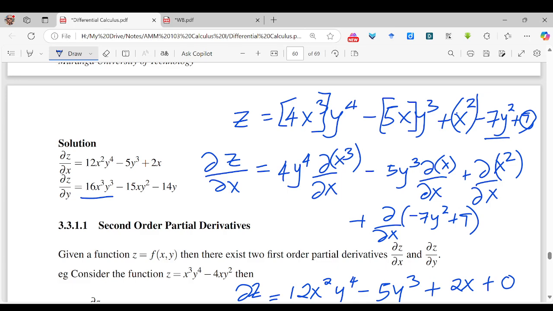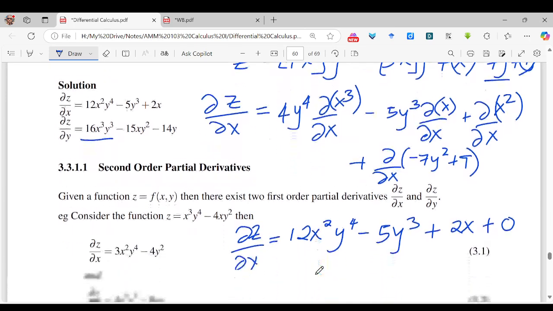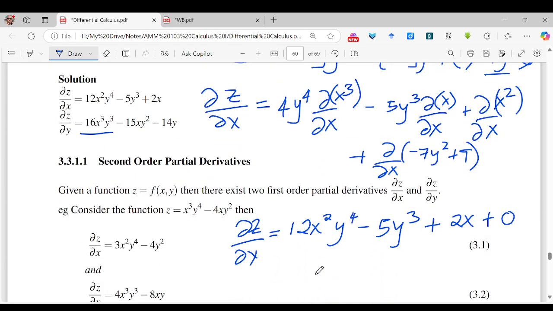When we want to differentiate the function partially with respect to x, we assume that y is a constant. And when we want to differentiate the function partially with respect to y, then we assume that x is a constant. So the rules of differentiation remain valid, the same rules.